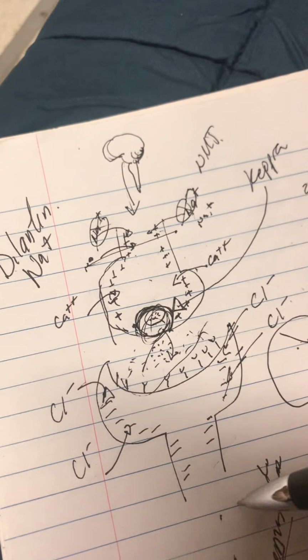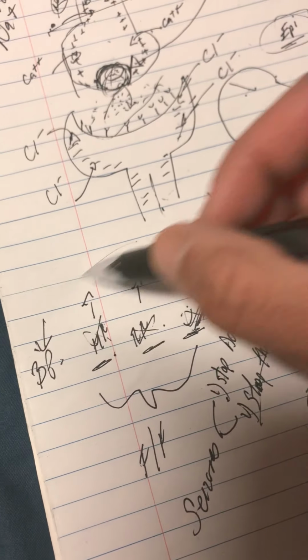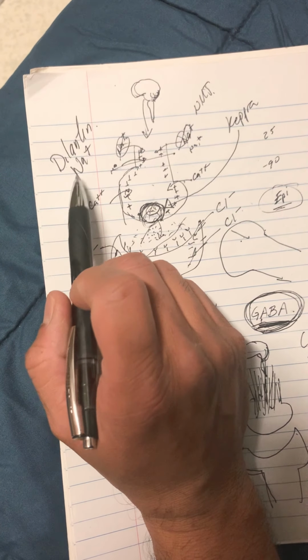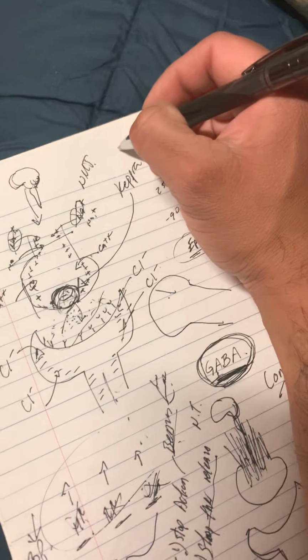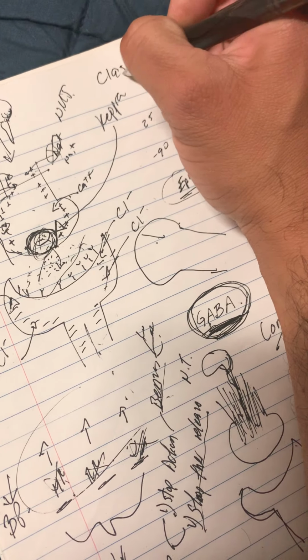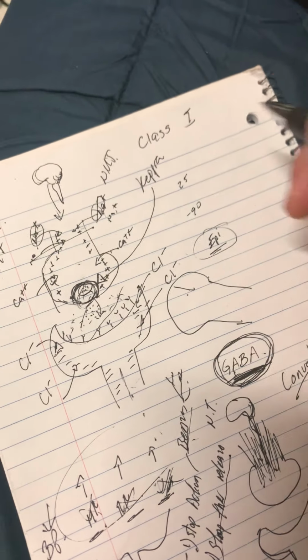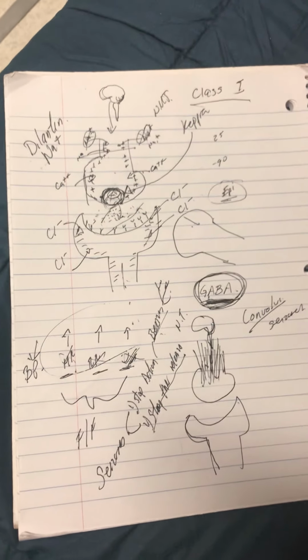Therefore, nothing will be stimulated in the adjacent cell. Does that make sense? It's important to know that as a sodium channel blocker, this is also used as a class 1 antiarrhythmic. Follow the same principle, along with procainamide.